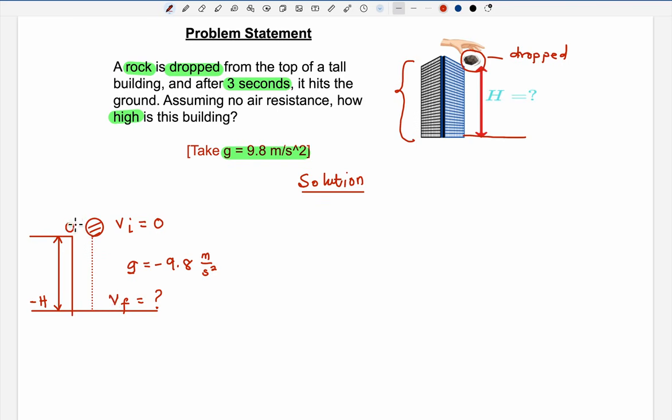Again, we are setting our origin at this point, and then going down, we have negative displacement, which is negative h. So in this case, the distance from the origin to the ground is going to be our h. So we can take this data from the problem.